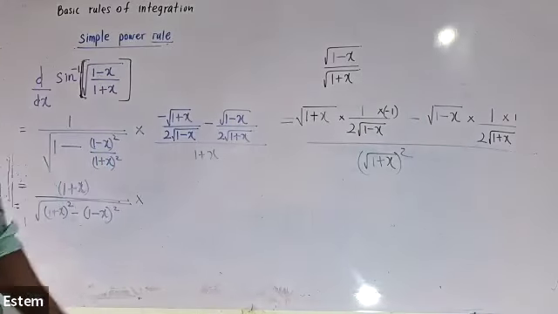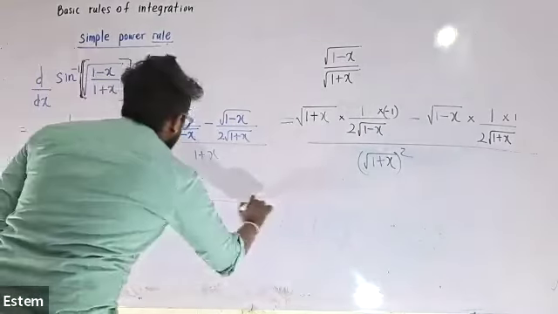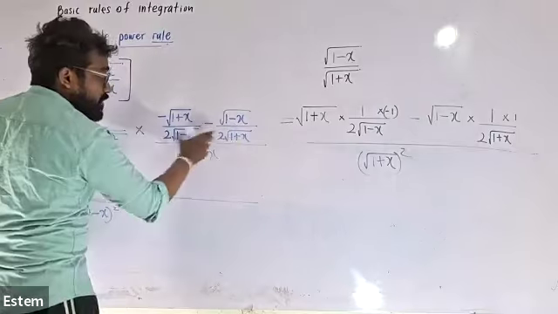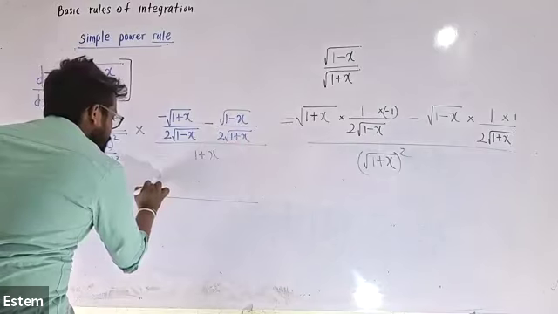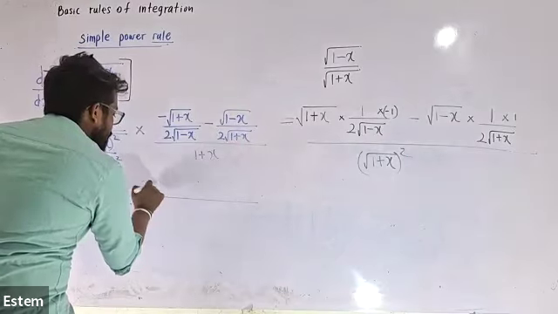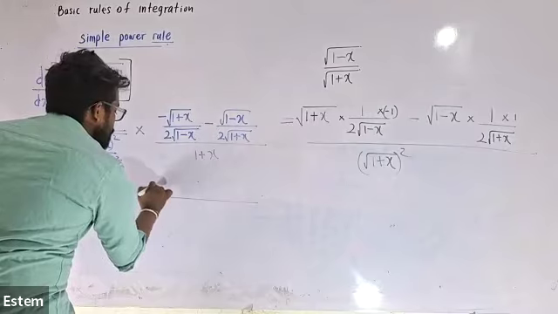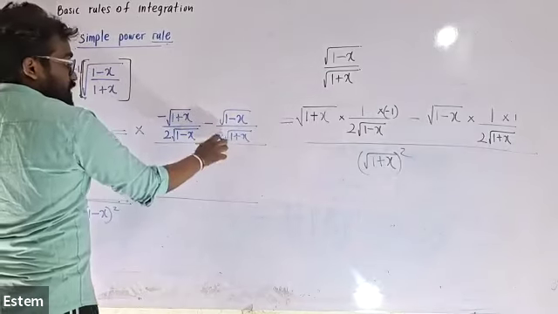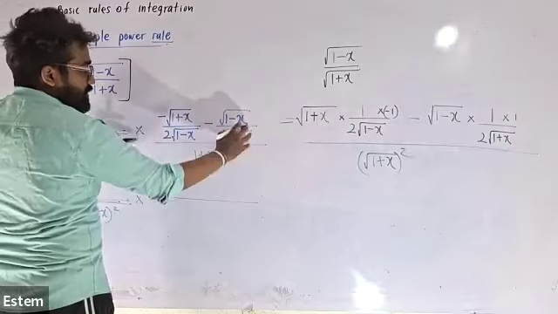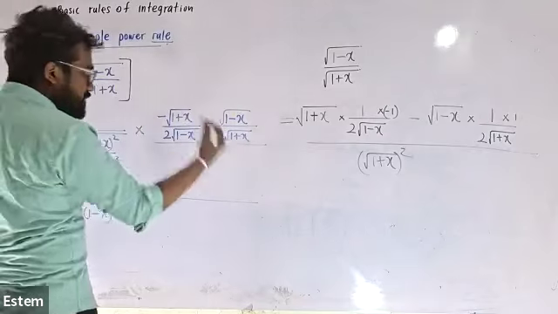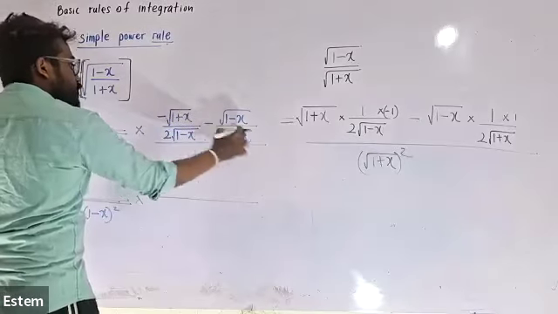And here, what's happening? Here also we can get a common denominator. When we get a common denominator here, it is minus. See, 2 is common for both terms. 1 plus x should be 1 plus x, and 1 minus x should get square root of 1 plus x, and 1 plus x.